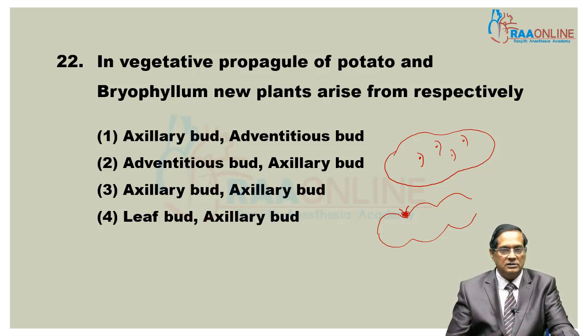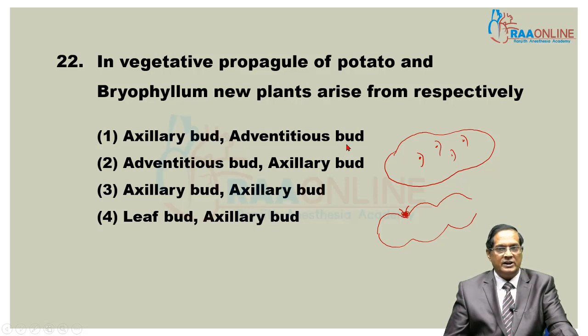The better answer is that axillary bud is found in potato, whereas the foliar bud is adventitious because it originates from a portion of the plant other than the apex and the axil of a leaf.